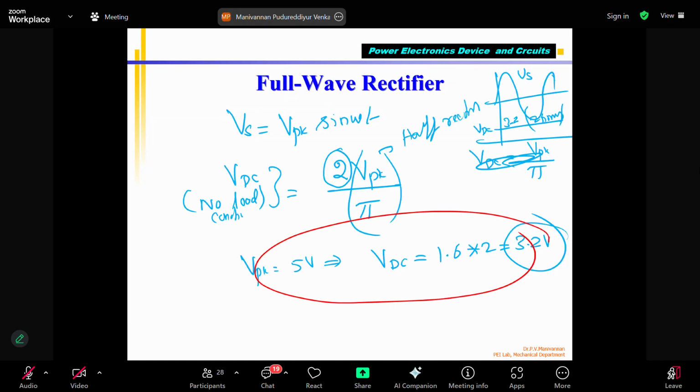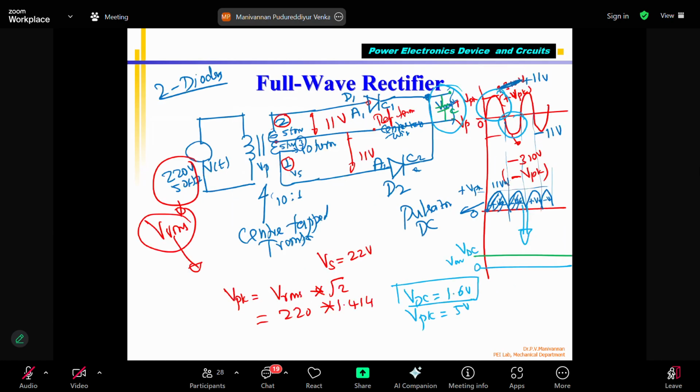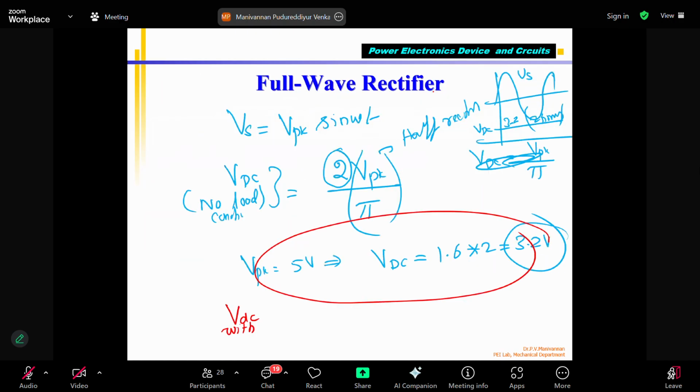Then, if I connect a load, VDC with load. Without load, what does it mean? Don't get confused. It means I am not connected to the load; the resistor is not shown. If I connect a load or a motor, whatever it may be, it starts taking current. That is called load condition.